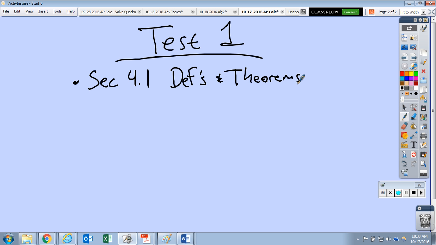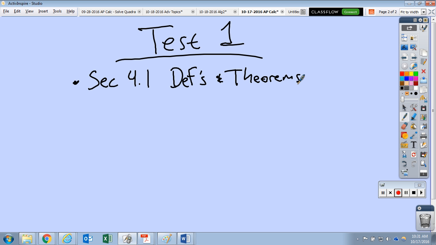Local max value versus local min value. f of c is the value of the function when x is c, so some point x equals c. Let c be an interior point, so a point within the interval, whether it be the entire domain or if they specify an interval.